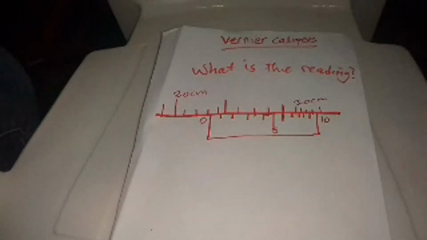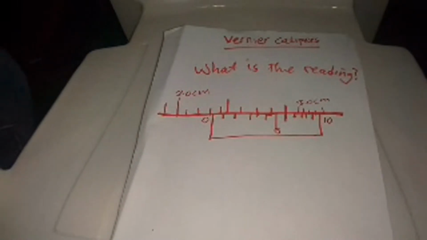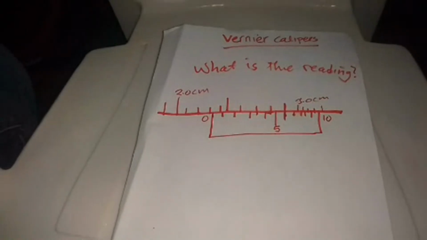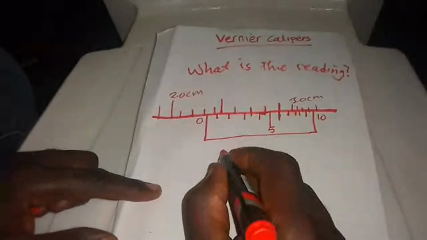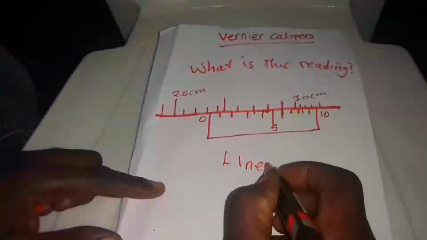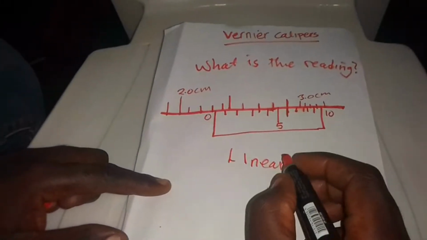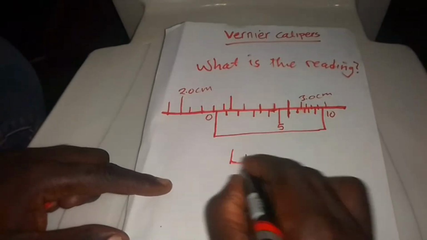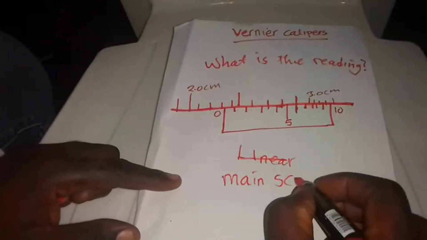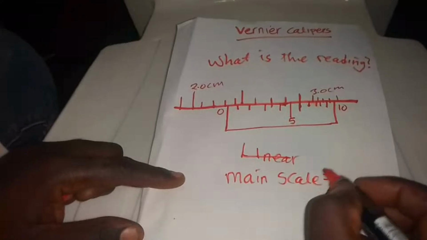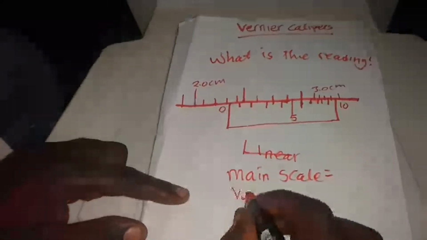So this is the Vernier caliper. Now, Vernier caliper questions you should rate on two things, that is a main scale and a Vernier scale.